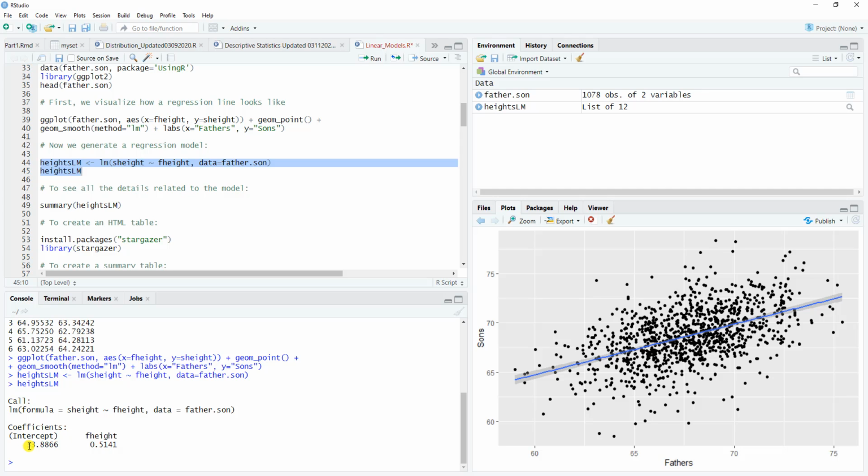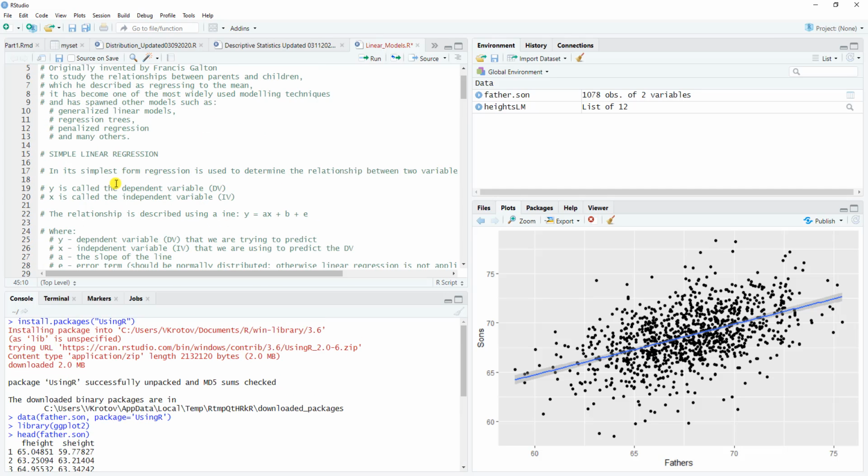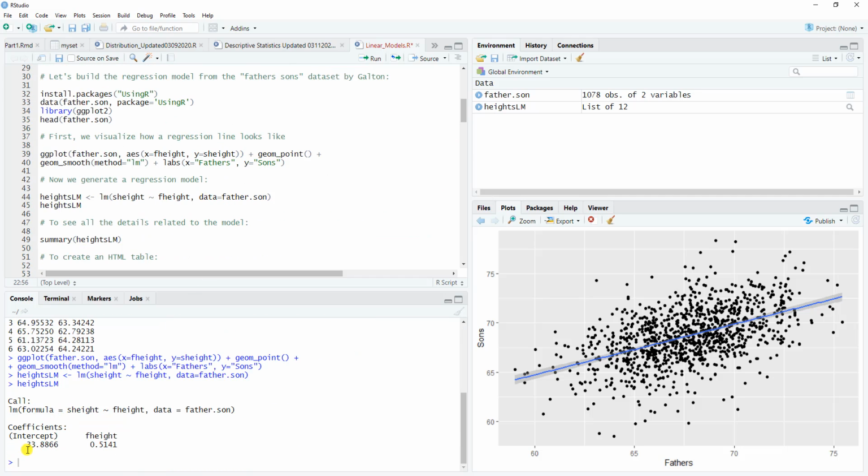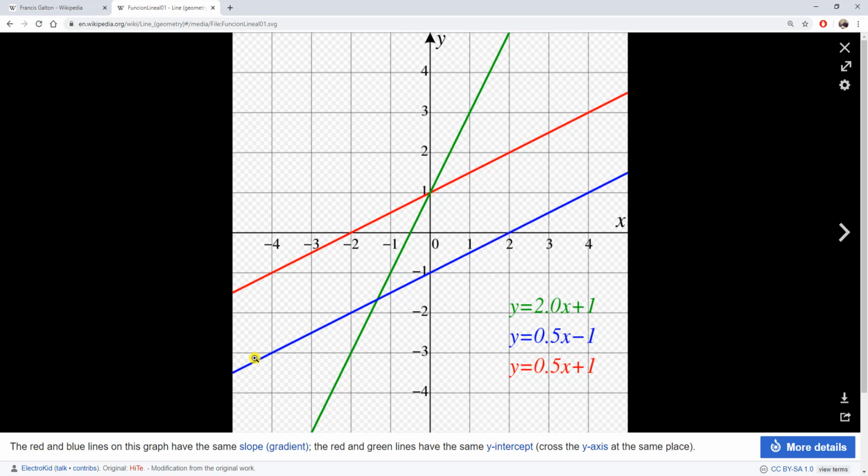We see that the intercept, meaning the B term, is approximately 33.89, and the coefficient in front of father's height, which is our x, meaning the slope of the line that represents the relationship between son's height and father's height, is 0.5. So the line has a certain steepness because the coefficient is 0.5, but the intercept term is way up there, at approximately 33.